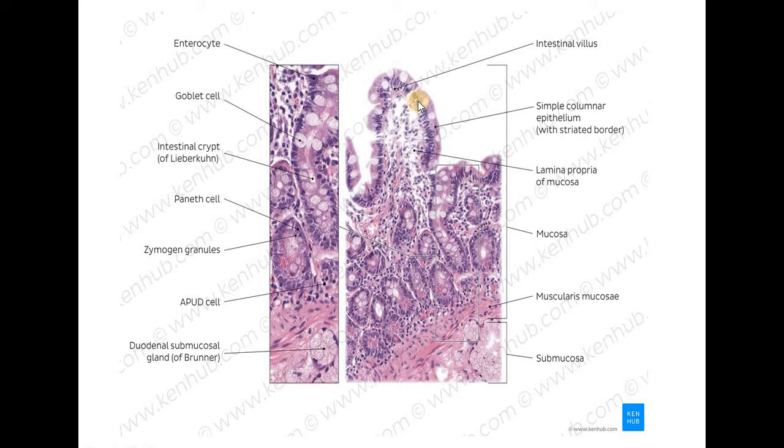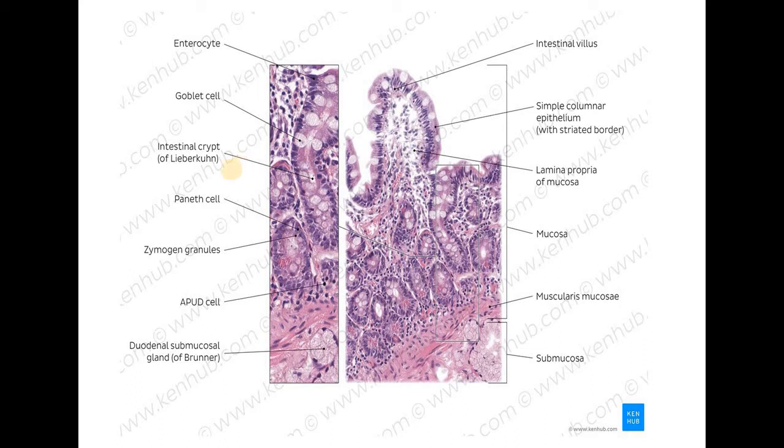There are simple tubular intestinal glands in the mucosa of the intestine called the crypts of Lieberkühn, and they lie in the lamina propria and open between the villi. The lamina propria is made up of connective tissue, forming the core of the villi, and it contains lymphoid tissue where lymphocytes are closely packed together in distinct lymph follicles called Peyer's patches.